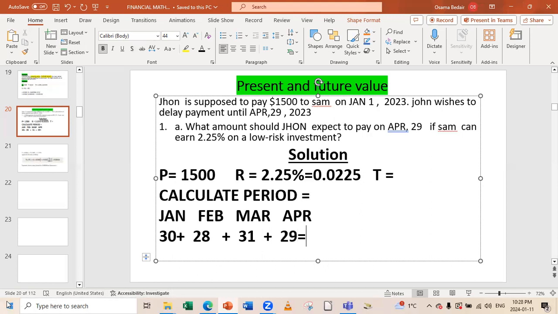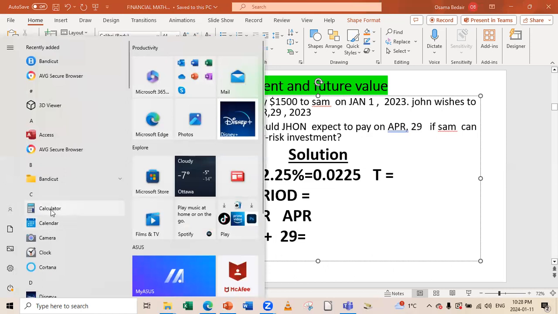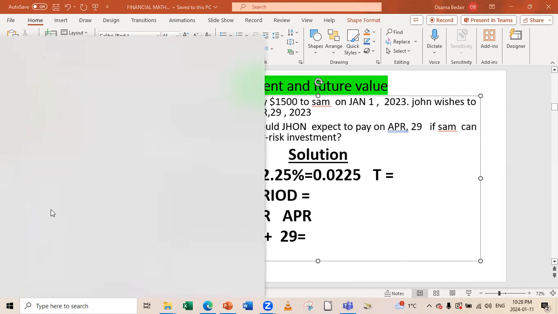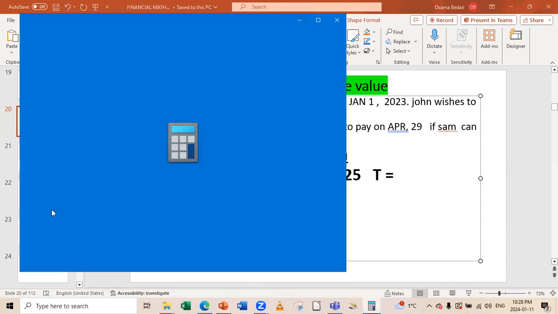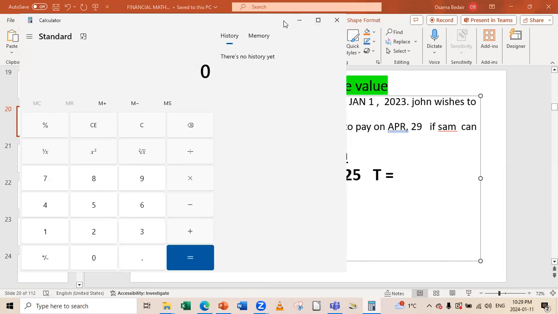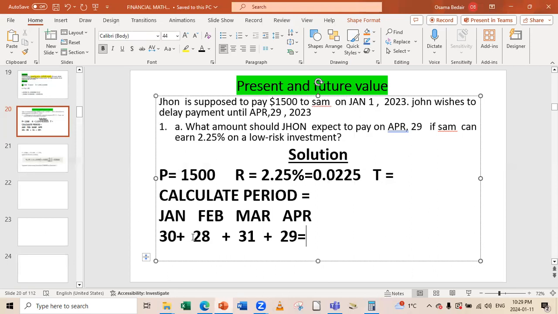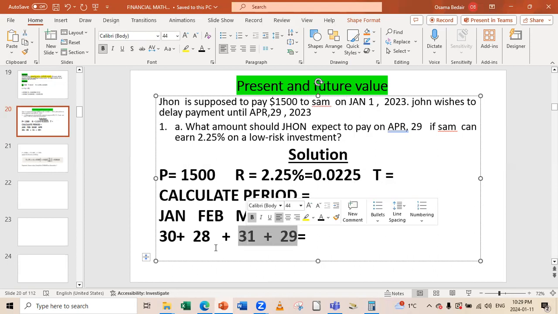Let's go to the calculator. Here we have the days, 30 and 28. This is 58. 58 plus 31 and 29 is 60.